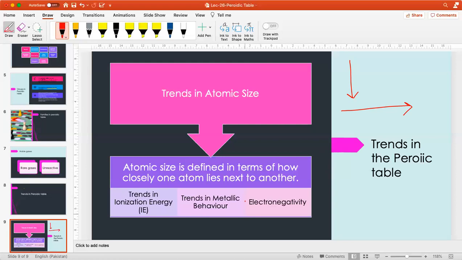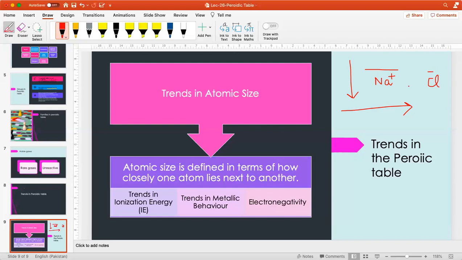Then we come to trends in metallic behavior. Metals, as you know, occupy the left and lower three quarters of the periodic table, and metals easily tend to lose electrons to non-metals. For example, sodium chloride: sodium is the metal, okay? It will lose one electron and become a positive cation. Chlorine is a very common non-metal which gains one electron and becomes the chloride anion, a negatively charged species.